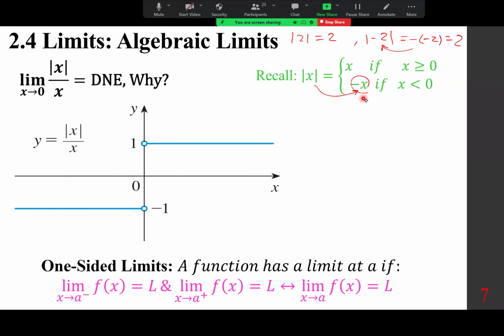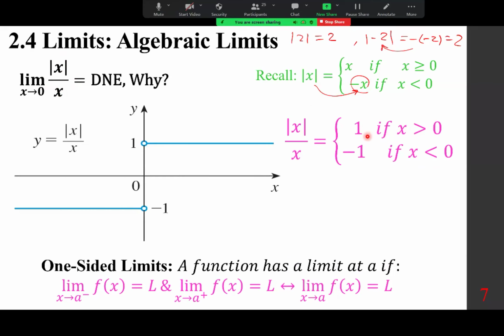And so with that being the case, if I want to evaluate this function, absolute value of x over x, I look at two cases where x is positive and x is negative, and we don't consider equality because the denominator contains x. So when x is larger than 0, not larger than or equal, just larger, we get x over x, which is 1, and if it's smaller, we get minus x over x, which is -1.